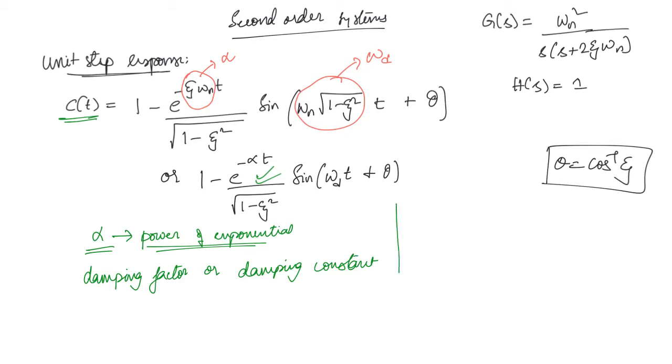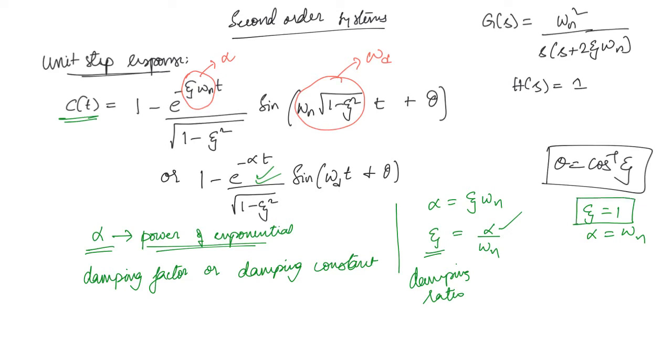Okay, next we know that we took alpha is equal to zeta omega n. So we can write zeta is equal to alpha by omega n. So zeta, which is called the damping ratio, is defined as the damping factor of the system divided by omega n. What is omega n? Let us say you take zeta is equal to 1, then alpha is equal to omega n. So when zeta is equal to 1, the system is called a critically damped system.